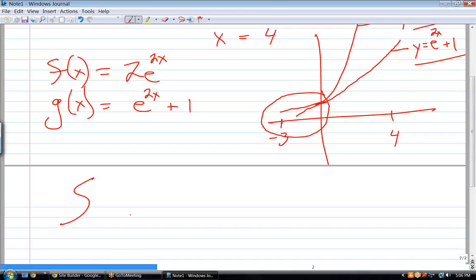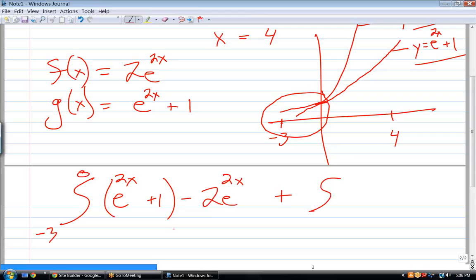So the first integral is the bottom function minus the top function, and we're going to add to that, and this is going to go from -3 to 0.